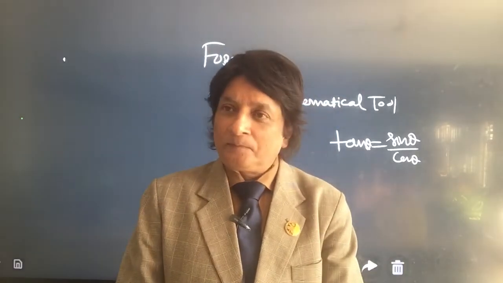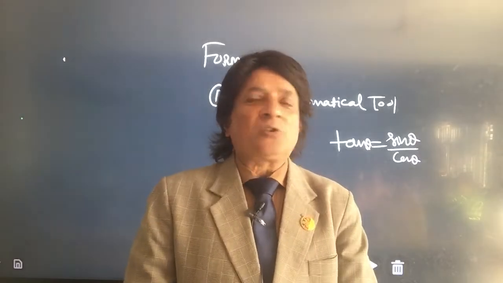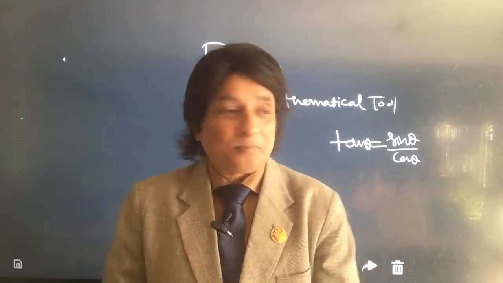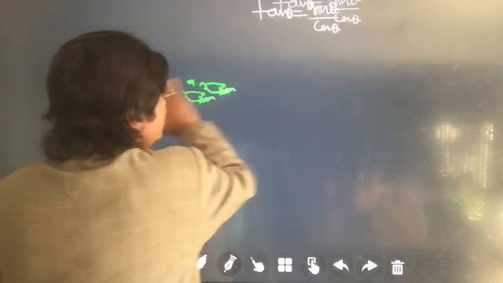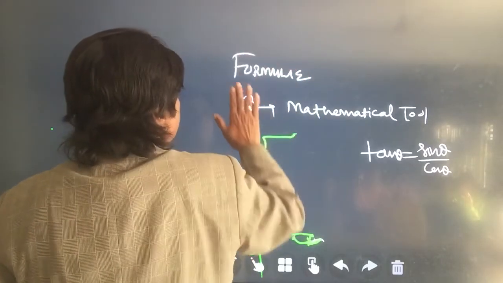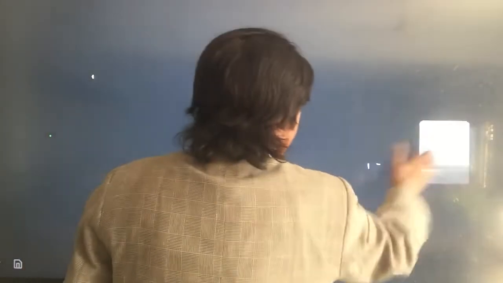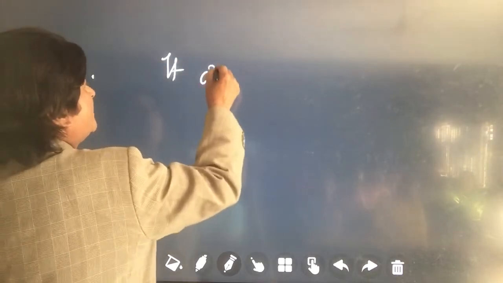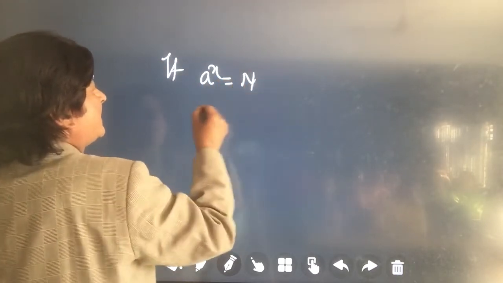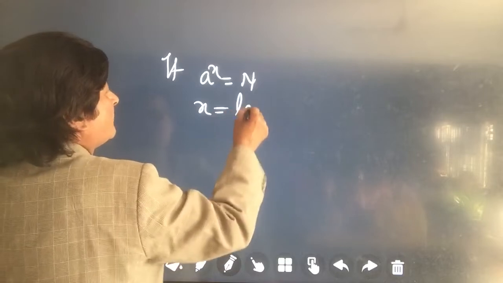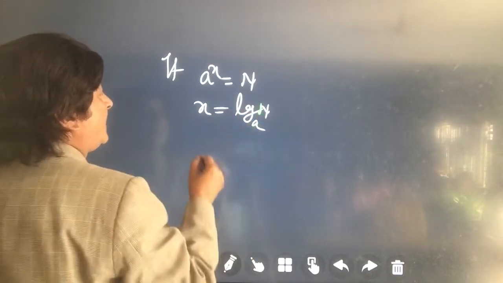Is that clear? Now dx of log x. Students, let me tell you the definition of log. If a to the x is equal to n, then x is equal to log n to the base a.